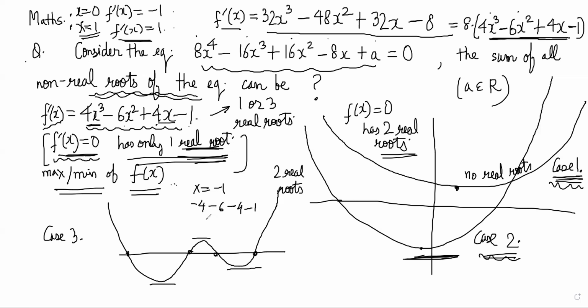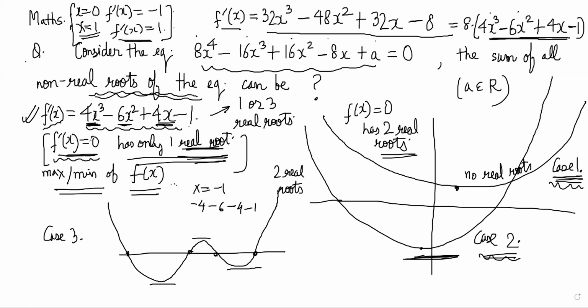So it is negative, and if you take -2, also negative. So for all negative x's, this term is negative, this term is also negative, this term is also negative. So every term is negative, right? So we can easily see from here that f dash x clearly has only one root between 0 and 1, right?